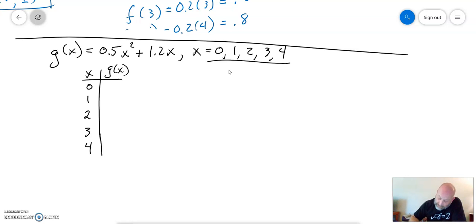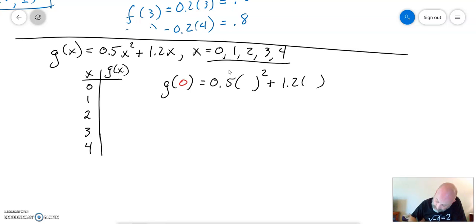Now you notice I have 2 x's this time, so as I plug these in, I want to think of it this way: this is where my x goes, I'm just leaving it blank, and this too, and then it's plus 1.2 times x again. In this first case, x is 0, so I put a 0 everywhere I see x. Zeros kill everything, and so I end up with the point (0, 0). So this thing goes through the origin.